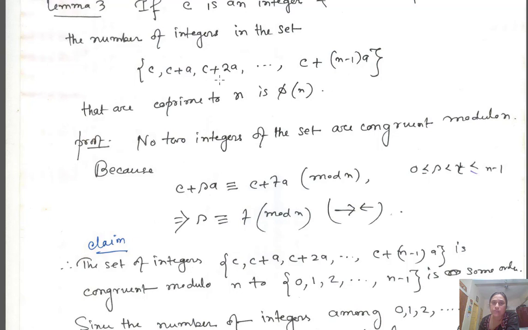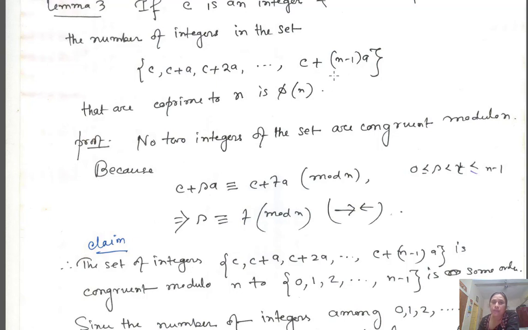So S and T both are in the range 0, 1 to n minus 1, and suppose S is less than T. So if this holds, then I can subtract C, and this A I can cancel because A and n are co-prime. So we are getting, if this holds, then S is congruent to T modulo n. This is a contradiction because they are in this range. So no two elements in this set are congruent modulo n.